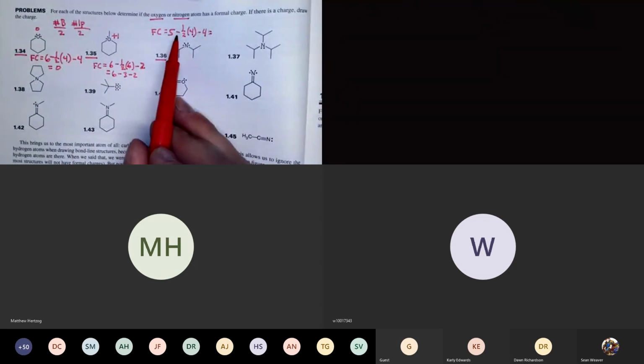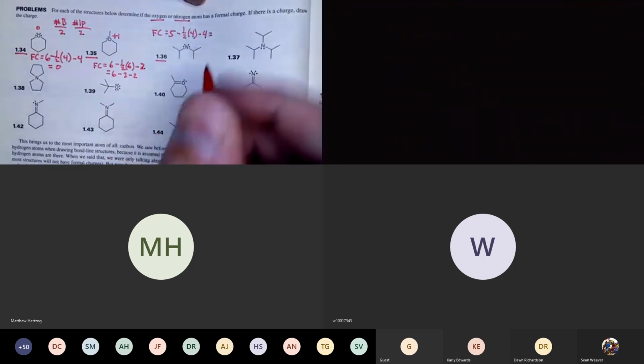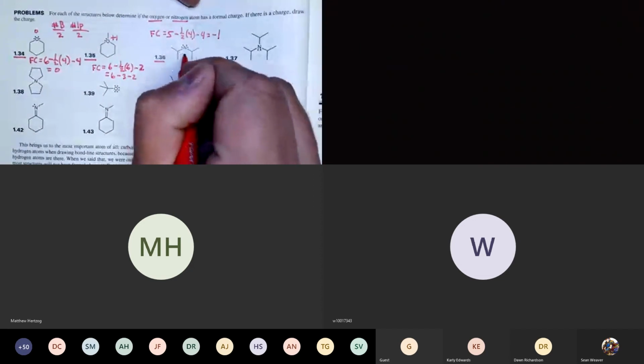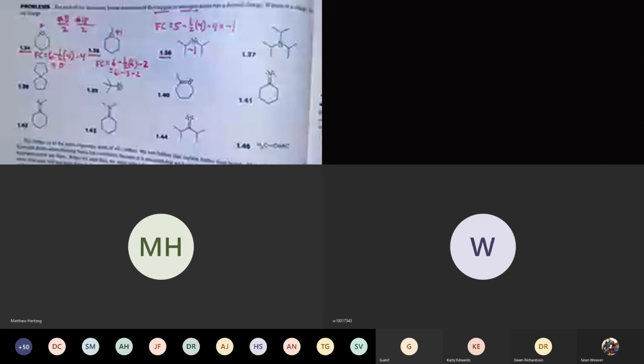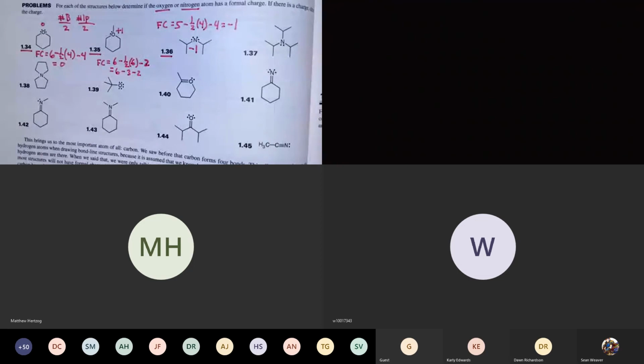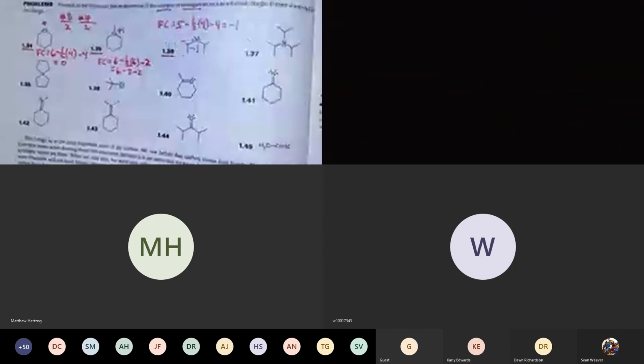So we have 5 minus 1/2 of 4, so that's 5 minus 2 minus 4. So that's minus 6. 5 minus 6 is minus 1. So it should be minus 1. So again, you'll eventually look at enough of these structures so that you can visually say if it's in its normal bonding pattern. Then if it's not, if it's a +1 charge or a -1 charge or a +2 or -2. But this is the equation you would use to do that.